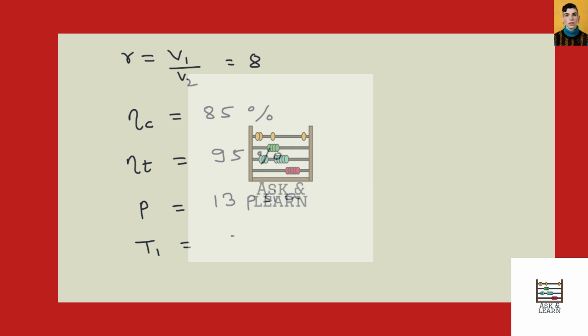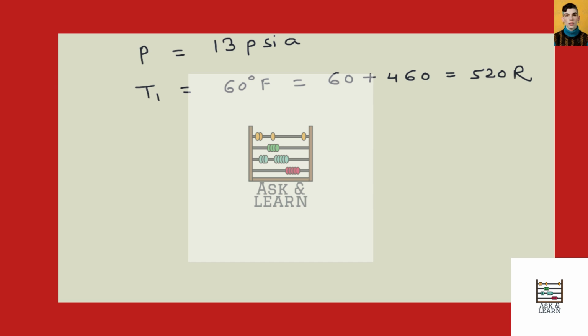T1 is the inlet temperature, equal to 60 degree F, which is 60 plus 460, equal to 520 R. We just change degree F into R. So T3 is the maximum temperature, equal to 2300 degree F, which is 2760 R.